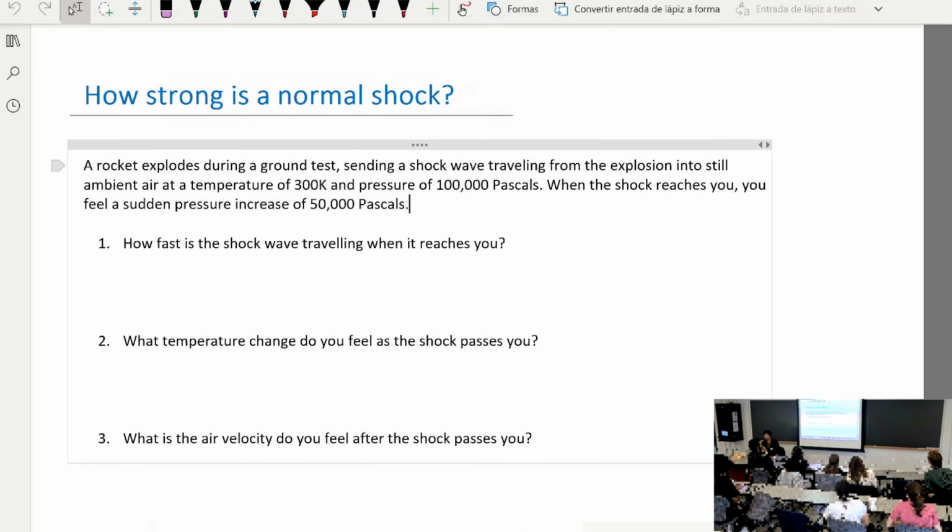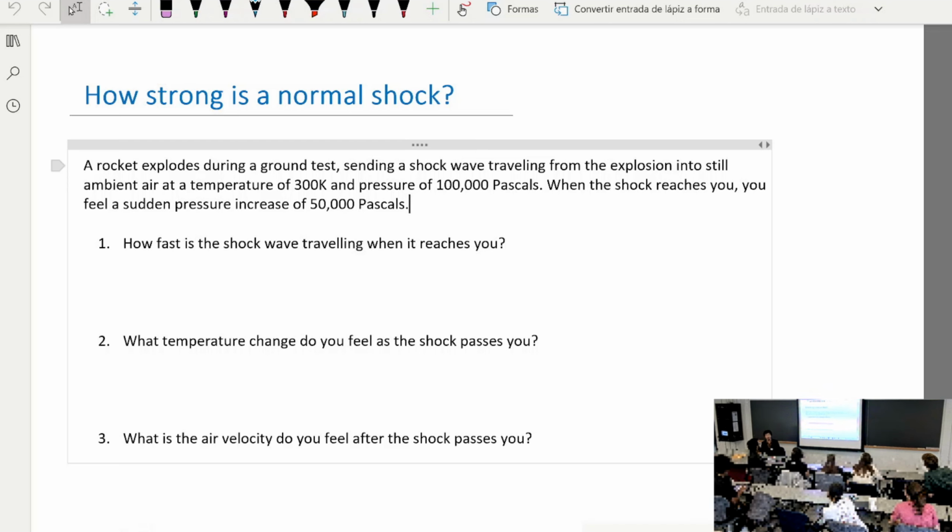So a rocket, let's say, explodes during a ground test, which hopefully didn't kill anybody, but it sends a shockwave traveling from the explosion into ambient air with a given temperature and a given pressure, right? So when the shockwave reaches you, hopefully it's weak enough, but you still feel a sudden pressure increase of 50,000 pascals.